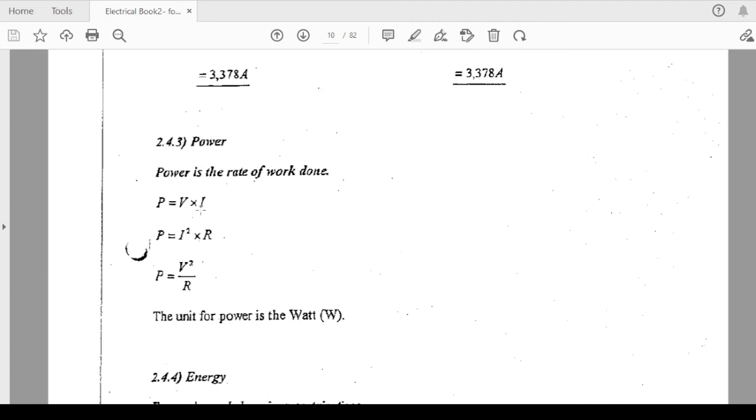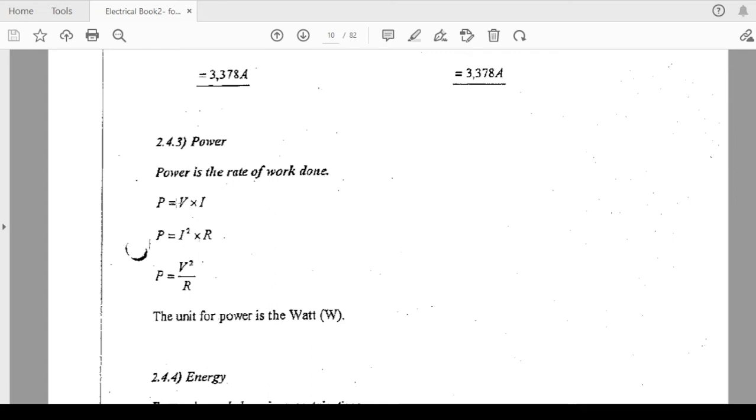Power is voltage times current. So should they ask you for total power in your house, you are going to get the total voltage supply from the distribution board times the total current from the distribution board. Then you know how much power is going to your appliances. But if I only want power consumed by the stove in the house, I have to have knowledge of the voltage and the current into the stove.